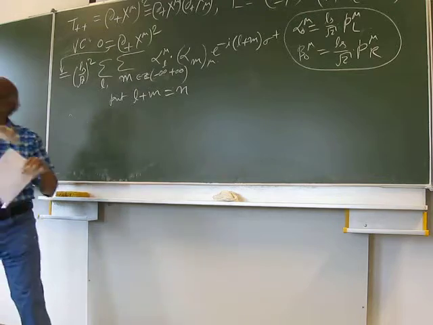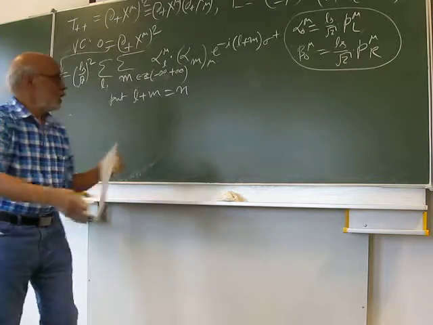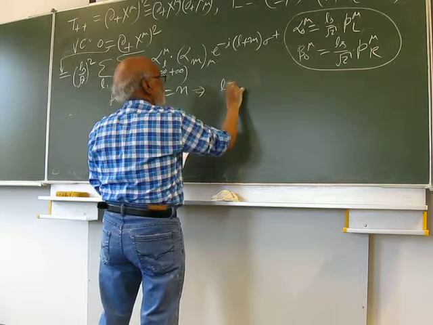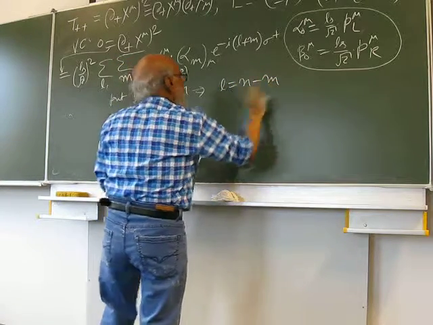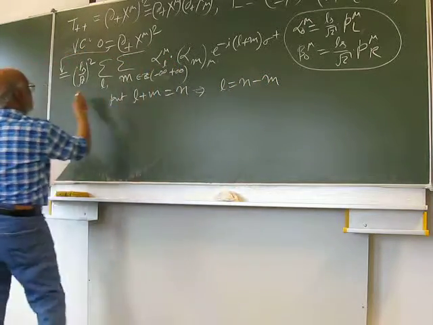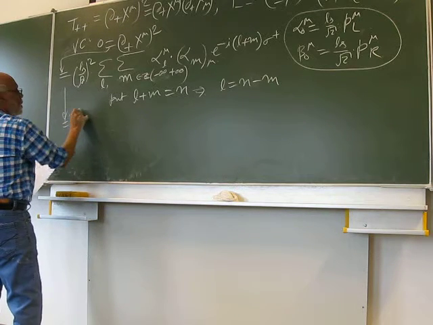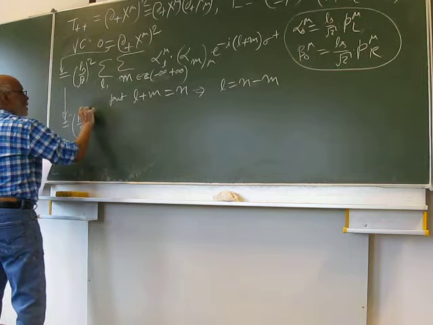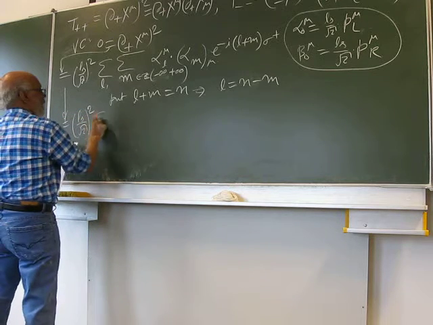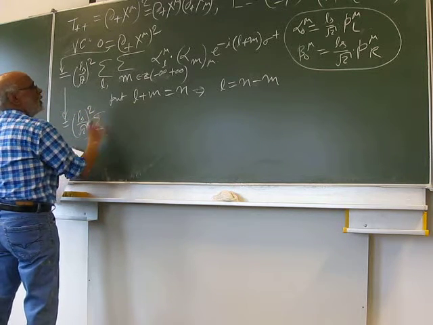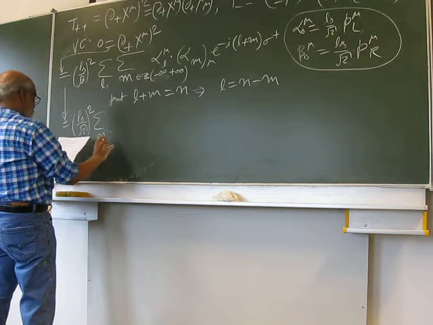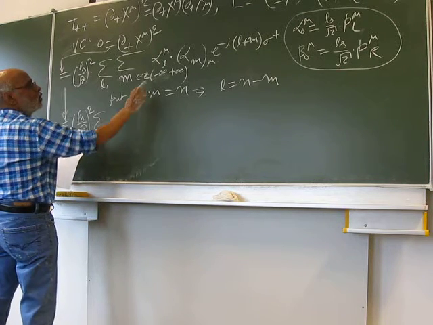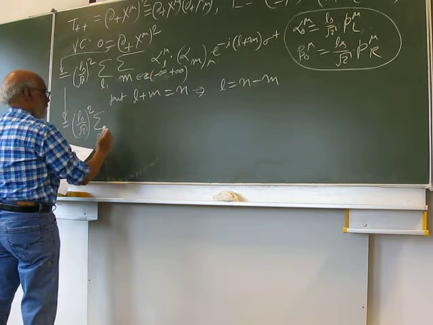This is not the earlier n, but this some number n. Okay. Then this would give me L equal to n minus m. I can put this here. Times. Now I would need to sum on m. I'm going to remove L from there.